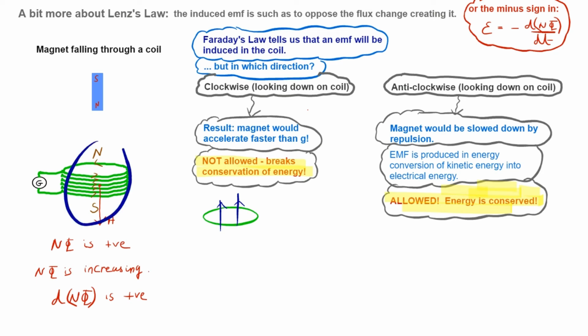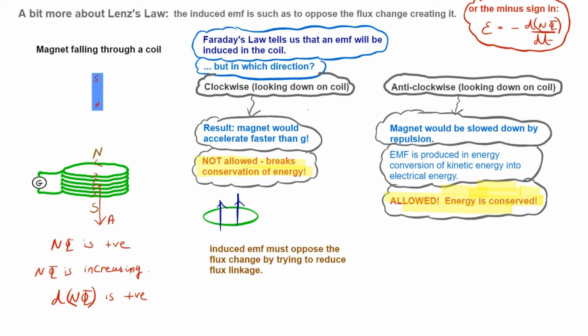Whatever EMF arises, whatever current arises, has to produce a negative flux linkage to try and cancel out the positive flux linkage. Because if the opposite happened, then it would add to the flux linkage, but we've seen that would break energy conservation, so it's not allowed. So that's what happens. So what we say is this: the induced EMF must oppose the flux change by trying to reduce the flux linkage.